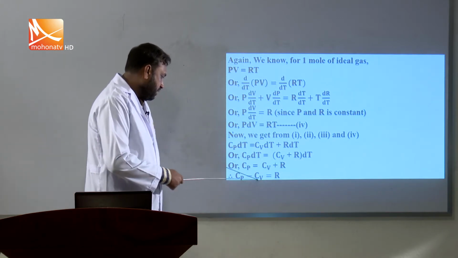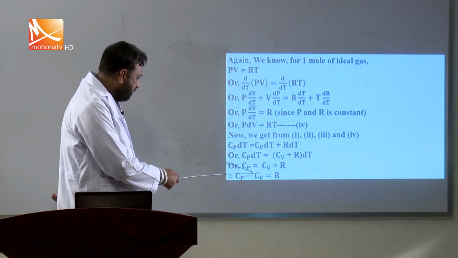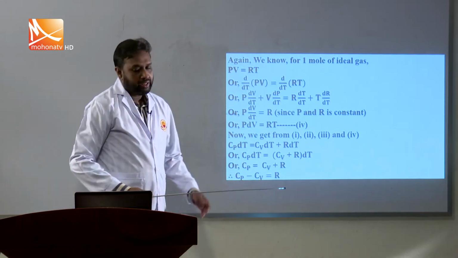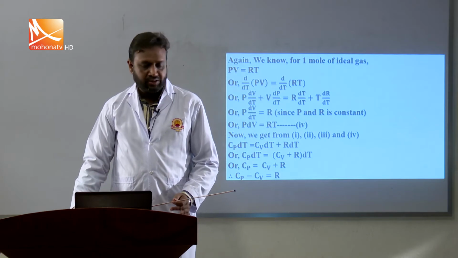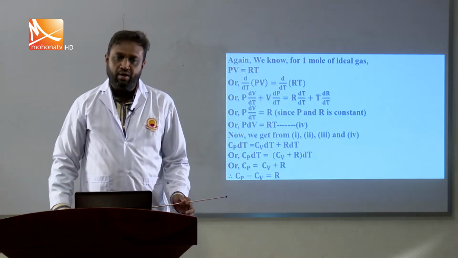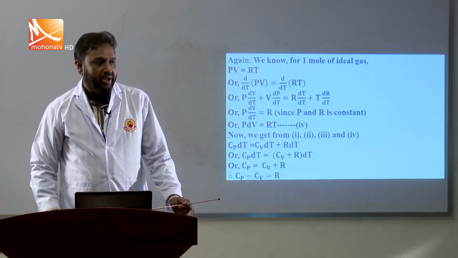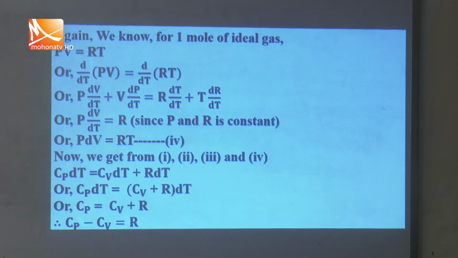Therefore Cp minus Cv equals R. Here R is the universal molar gas constant and the value of R equals 8.31 joule per mole per Kelvin. This is the required relationship between Cp and Cv.